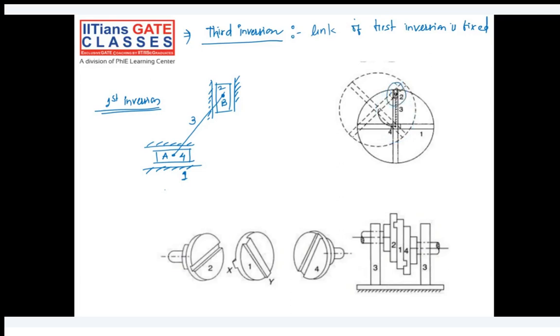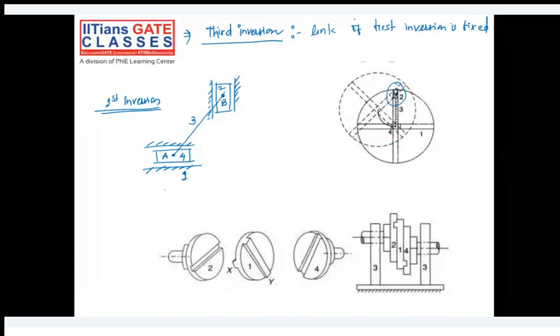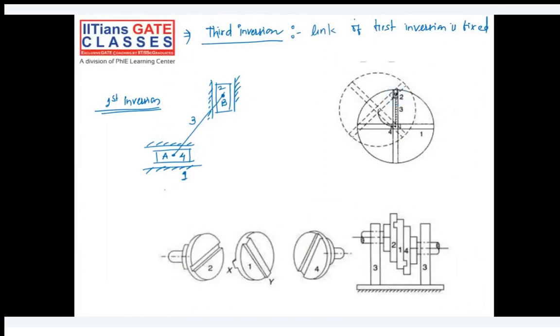You know what is coupling? Coupling is used to join two different shafts. And why is this Oldham coupling special? Because whenever we have axial misalignment between the two shafts, look at this shaft number one here and this another shaft. So you can clearly see that these two axes are not aligned to each other axially.